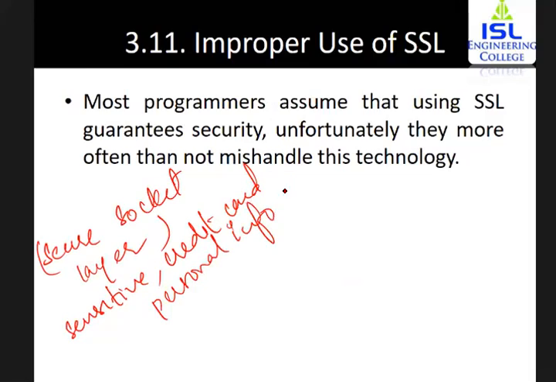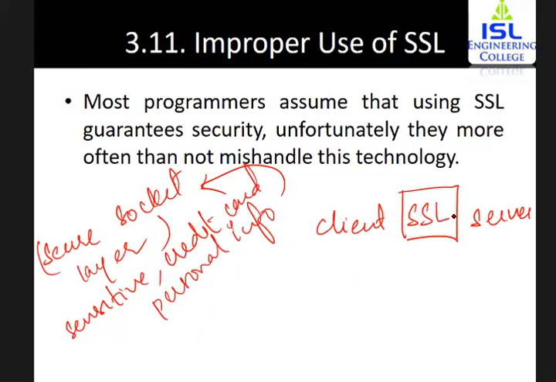This is transferred by making use of the secure socket layer. The secure socket layer is implemented between the client as well as the server. These two are going to communicate via SSL.